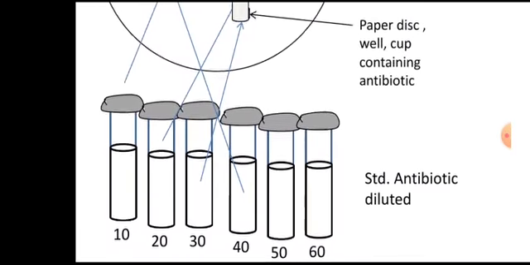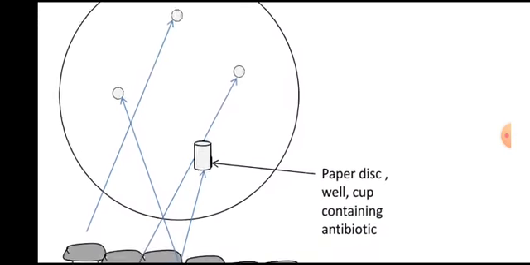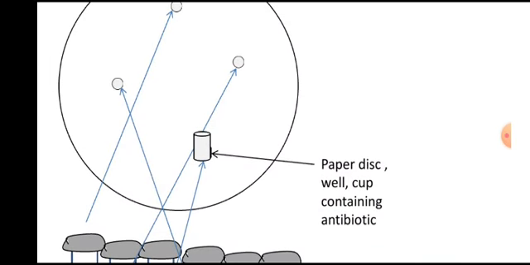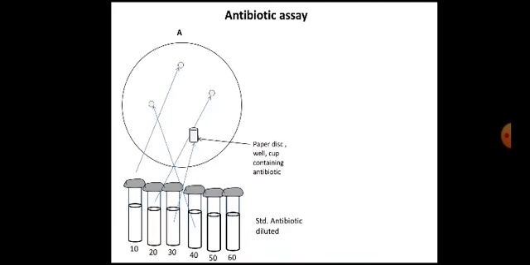Likewise, it is repeated for 20, 30, 40, 50 and 60. Discs are immersed in the respective solutions and then placed onto this solidified agar. So we can call these modifications disc diffusion assay, well diffusion assay, or cylinder or cup diffusion assay.